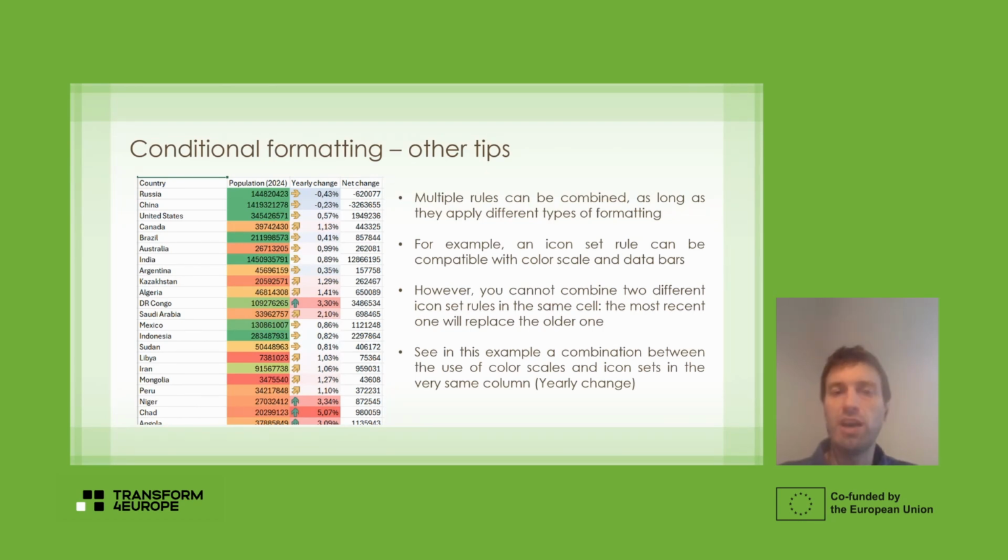So you can add one conditional formatting and then a second one to the very same range. There's no problem. Obviously, if you want to use another conditional formatting that would conflict with one which is already in place, the previous one will be simply replaced and removed. So obviously I cannot use two different color scales for the same column.